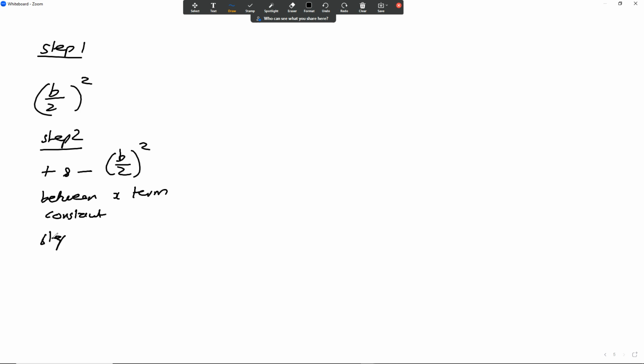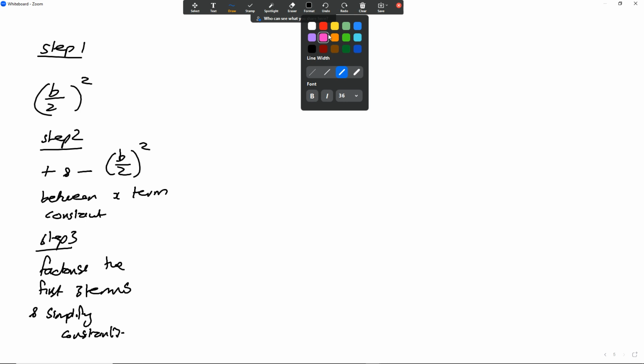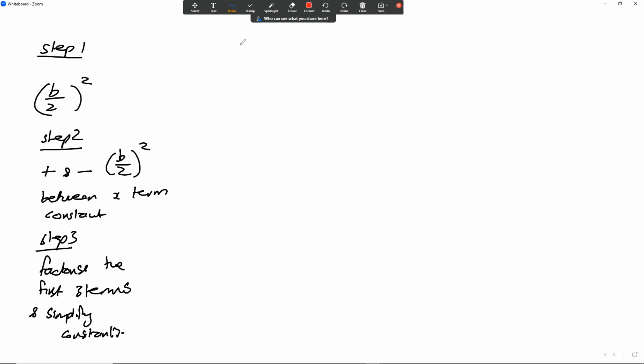And then step 3, factorize the first three terms and simplify the constant. And we're done. Let's see if you can do this one here.